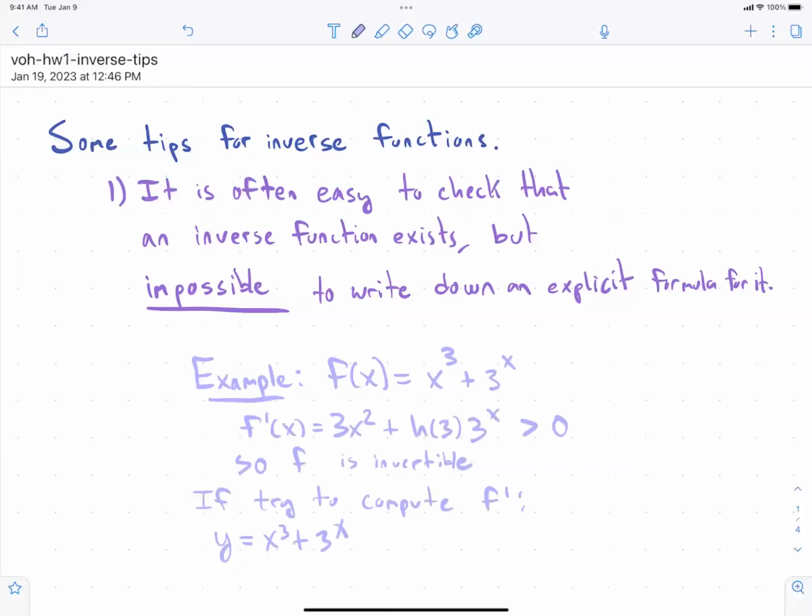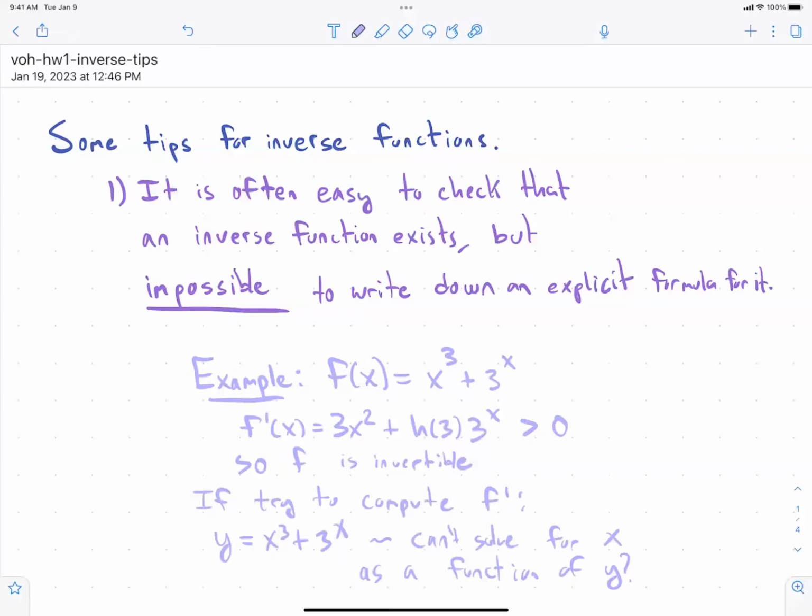So I write down y is equal to x cubed plus 3 to the x, and then I can't solve for x as a function of y. No matter how you try to manipulate this equation, like take square roots or logs or something, the terms don't play well together. It's really hard to write down an explicit formula for x as a function of y, even though this result that a strictly monotonic function is invertible tells you there is an inverse function. There's just no way to find a good formula for it.